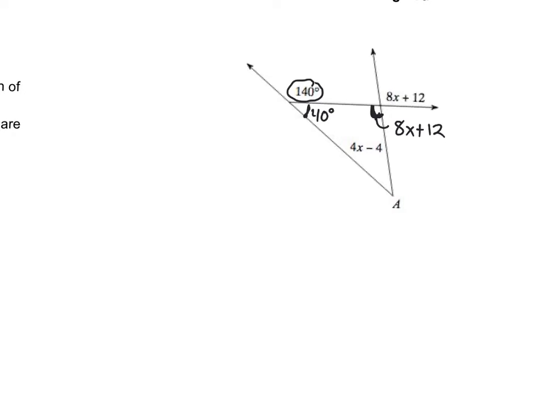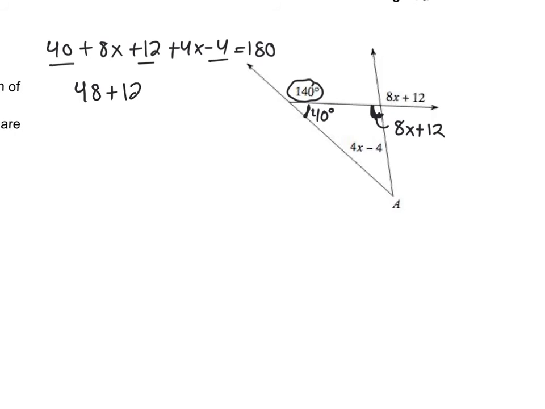Now we have found all the interior angles, but two of them are expressions. So we add them and set them equal to 180. 40 plus 8x plus 12 plus 4x minus 4 is equal to 180. Combine like terms: 40 plus 12 is 52, minus 4 is 48, and 8x plus 4x is 12x.